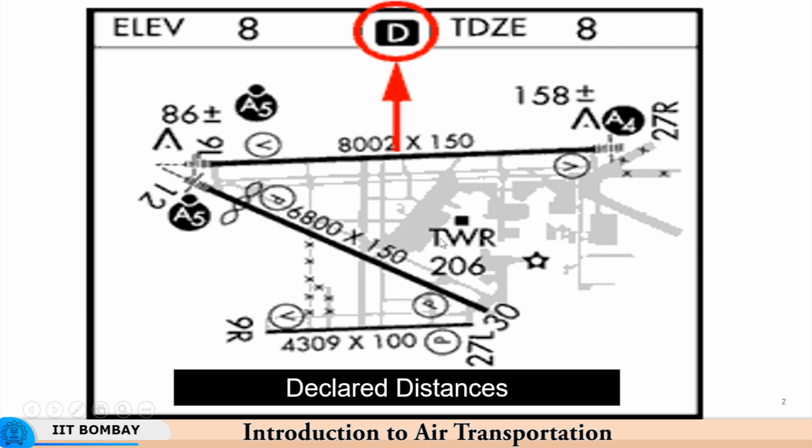TWR 206 is the frequency of the tower, and TDZE 8 stands for touch zone elevation of 8 feet. So, this airport is located at 8 feet above mean sea level, and the elevation of the touch zone, which are these areas 1, 2, 3, these are the touch zones.